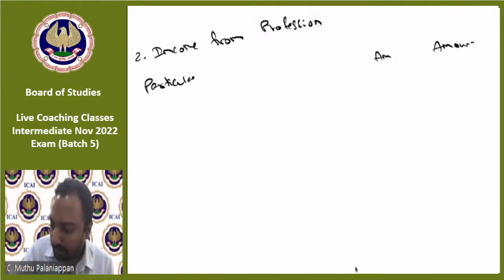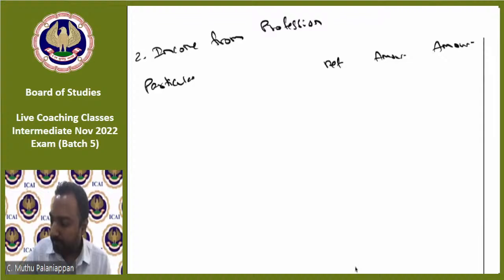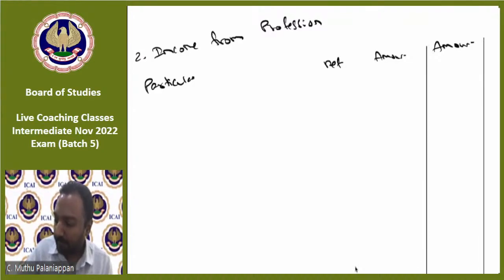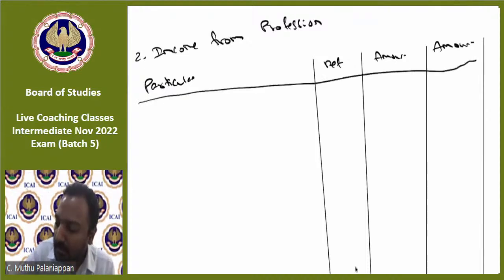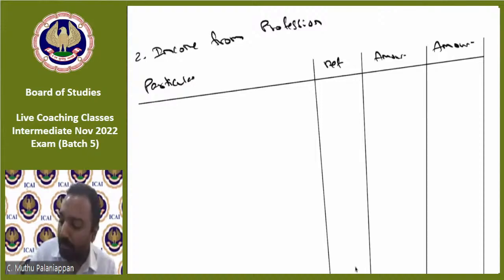amount, maybe another amount, and then a reference column. Okay, so you start with the first line of starting this PGPP, which is always about your net profit.